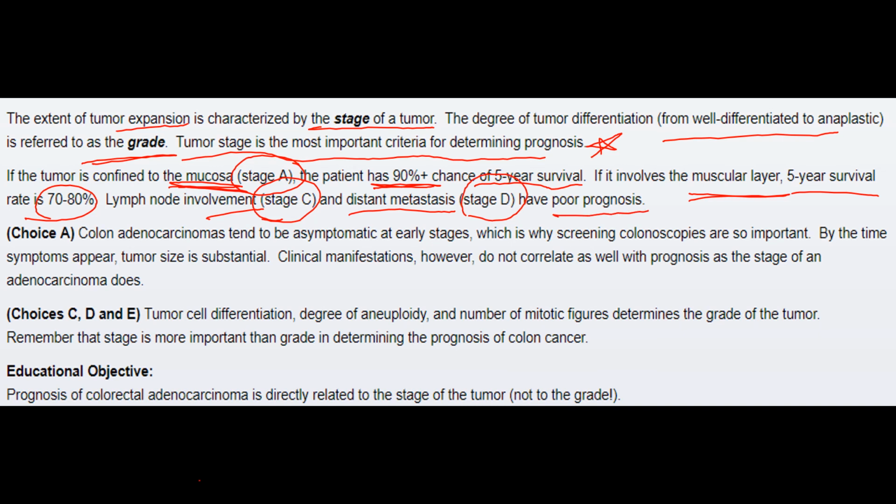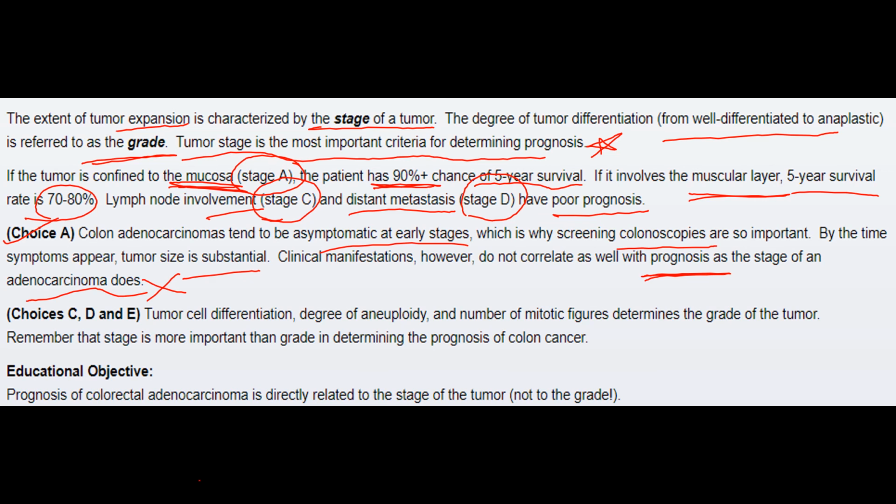Other options were incorrect. In choice A, colon adenocarcinomas tend to be asymptomatic at early stages, which is why screening colonoscopies are so important. By the time symptoms appear, tumor size is substantial. Clinical manifestations, however, do not correlate as well with prognosis as the stage of an adenocarcinoma does, and thus it was not appropriate.